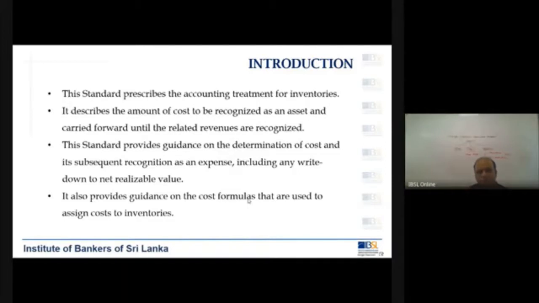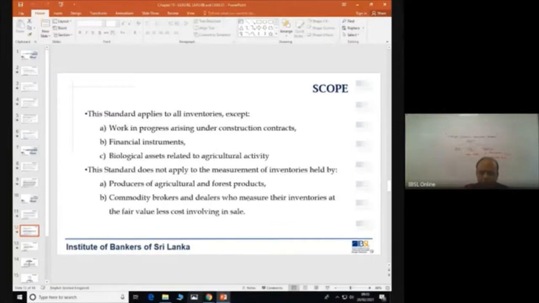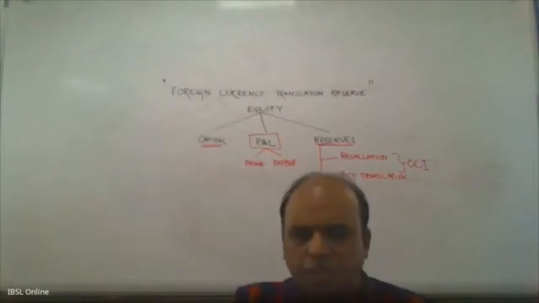This standard provides guidance on the determination of cost and its subsequent recognition as an expense, including any write down to net realizable value. It also provides guidance on the cost formulas that are to be used to assign cost to the inventories. Okay, right. Now let's try to understand this first, and then we will move on with other theory elements.